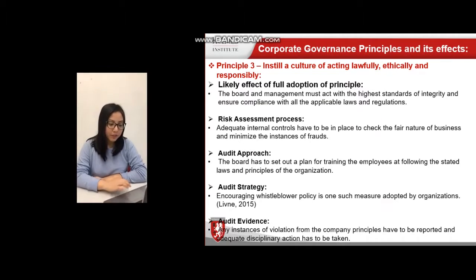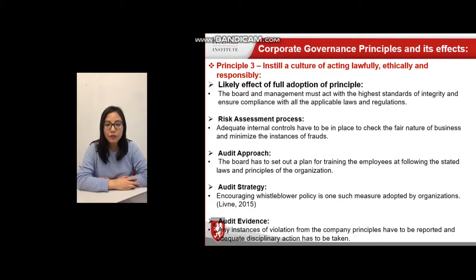And the third principle is to instill a culture of acting legally, ethically, and responsibly. The board and the management must act with a high standard of integrity and ensure compliance with all applicable laws and orders. Risk assessment should be done by placing adequate internal controls to ensure the fair nature of the business and to minimize fraud.